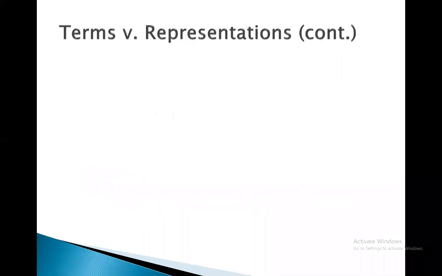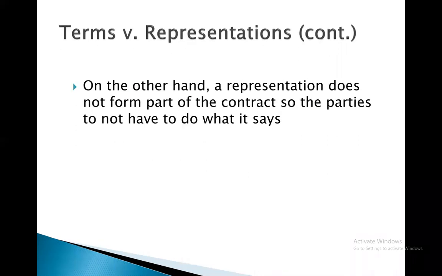And if that is not done, it will produce certain legal effects, certain consequences. A term is binding, so if you don't do what it says, then we say that you are in breach of contract, because the contract term says you should do certain things which you haven't done.